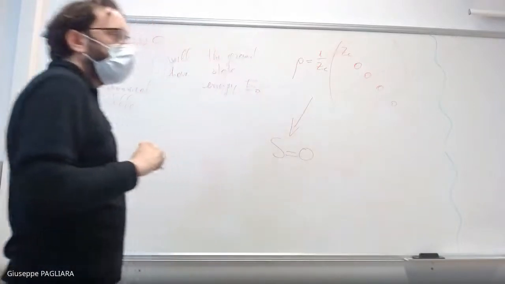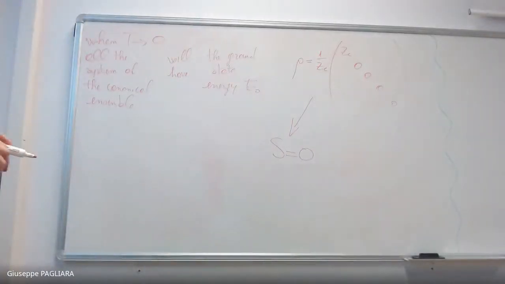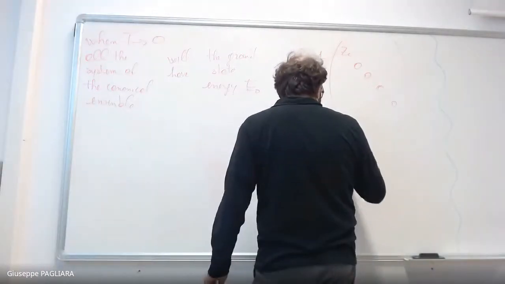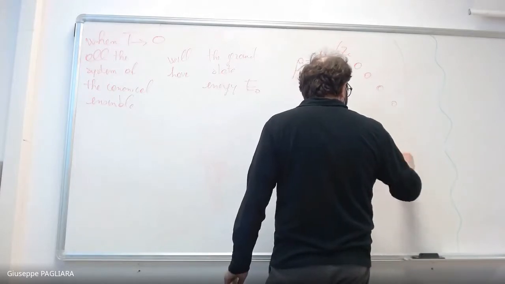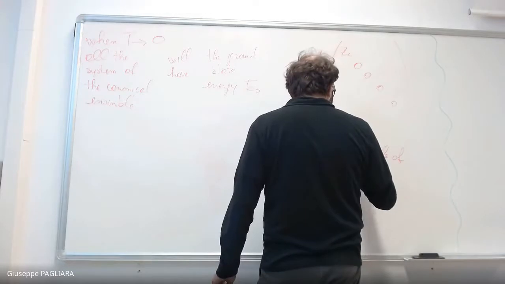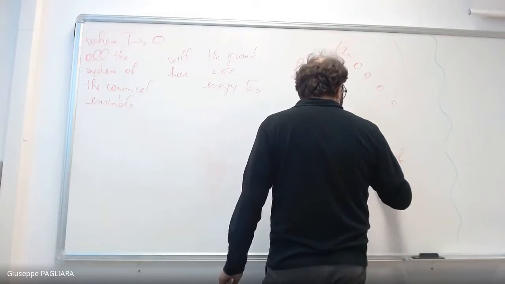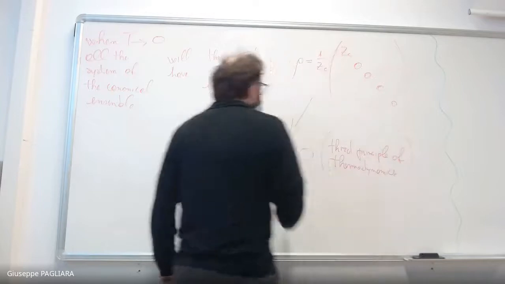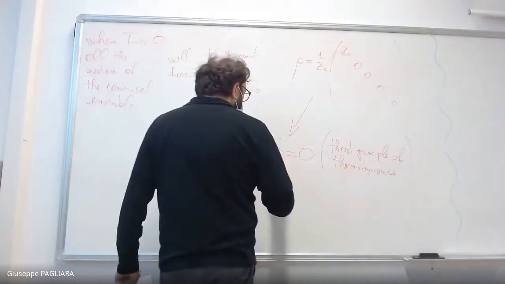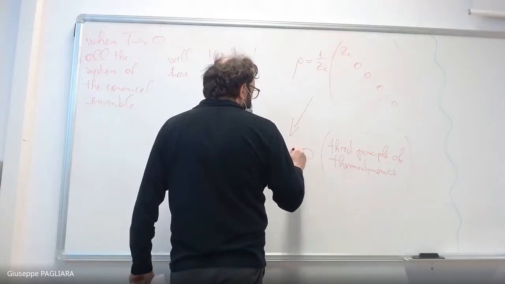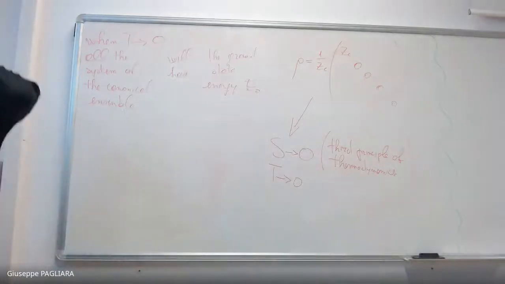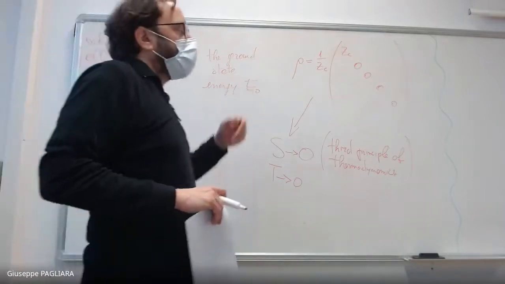Okay? So this is a sort of justification of what is called the third principle of thermodynamics, that tells us that when T is approaching 0, also the entropy goes to 0. And it is something that cannot be derived classically, but it has a sort of justification in quantum mechanics based on this kind of argument.